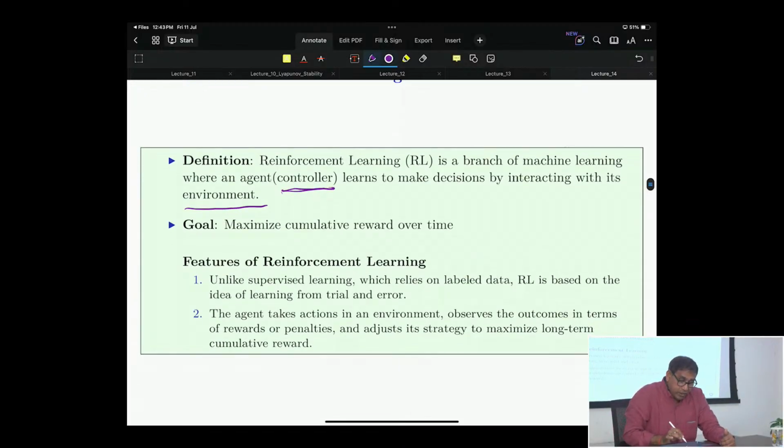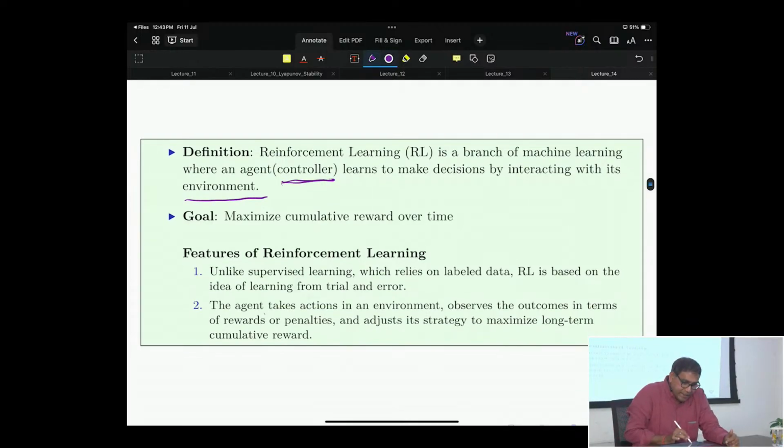Unlike supervised learning, which relies on labeled data, reinforcement learning is based on the idea of learning from trial and error. It generates an action, does not get any reward, it will change the action. Get the reward, a good reward, modify it, I mean, reinforce the same action.